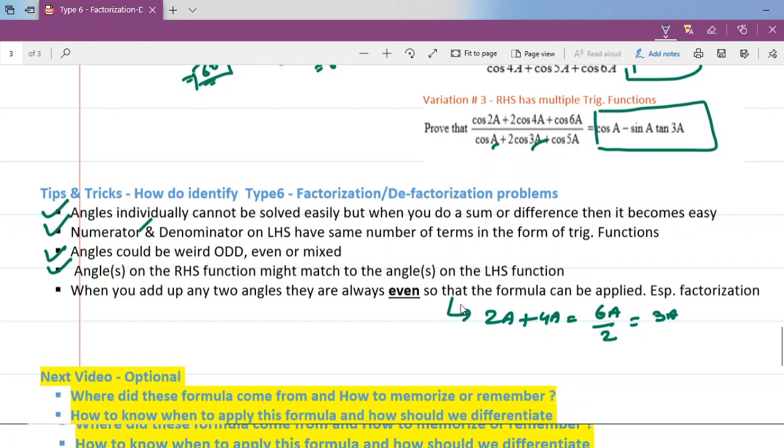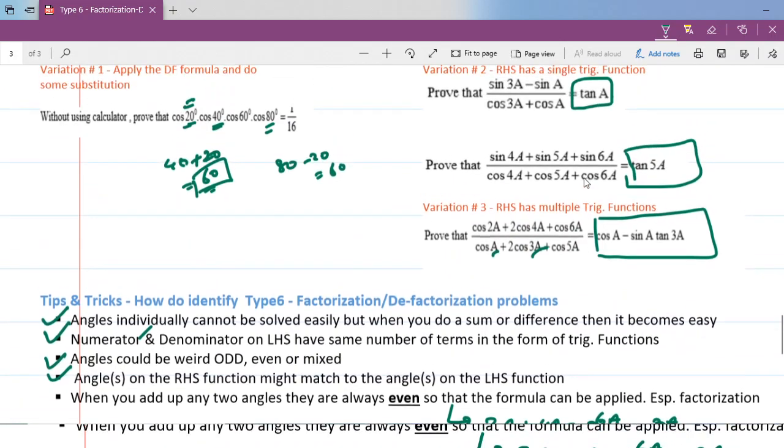So let's say if it was not 6a over here, it was 5a, then it will give me in decimal, it will be 2.5. I don't want to do that. And if I take the difference of this, which is 4a minus 2a is equal to 2a, and again I divide by 2, again the 2 goes off because it just gives me a standard angle.